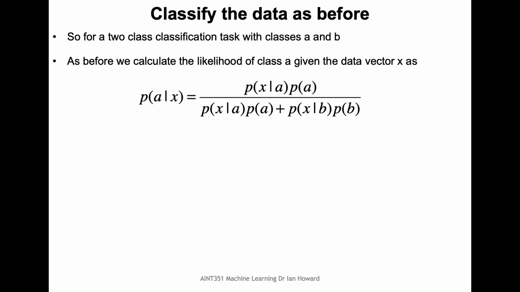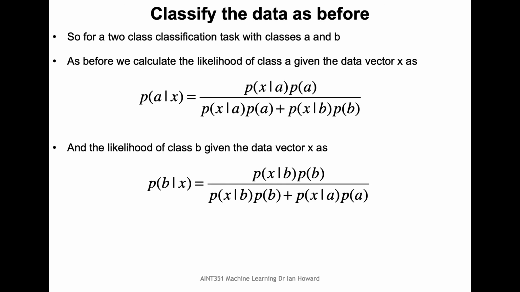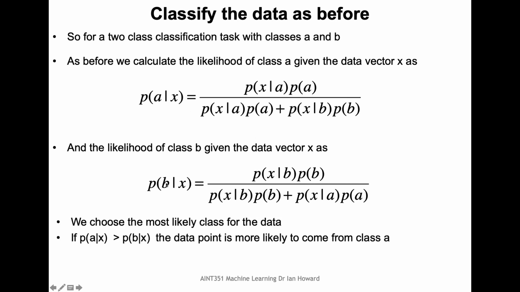So given the data, we want to know which model probability is bigger. So we use Bayes' rule again. We have to calculate this term. Like I said, the denominators are the same in both cases, so generally speaking they can be ignored when we're making comparisons between these.